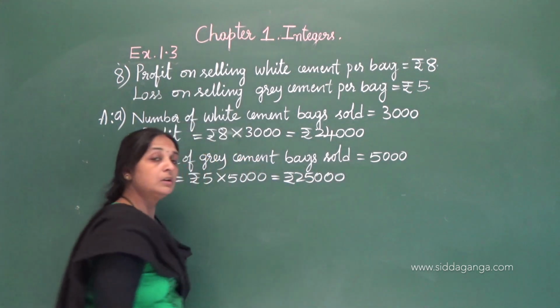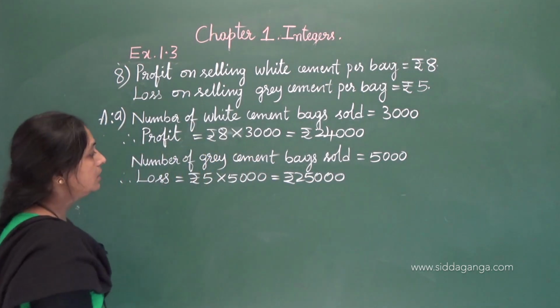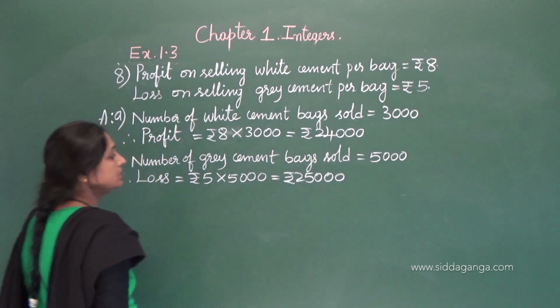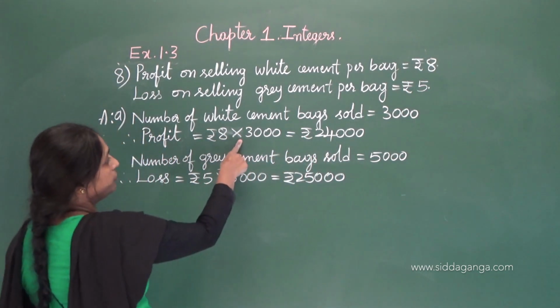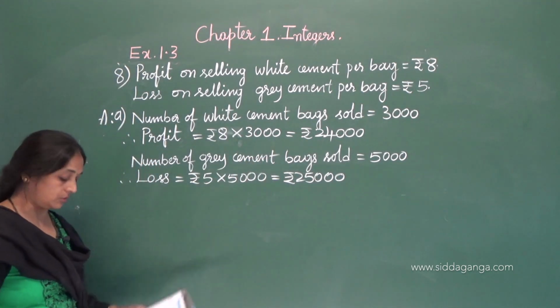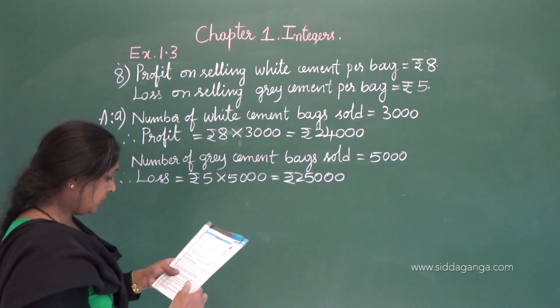So they got loss. The profit is 24,000 and the loss is 25,000. What is its profit or loss?